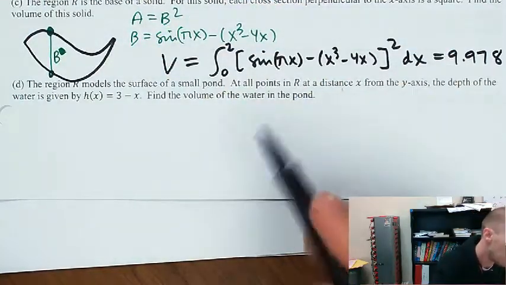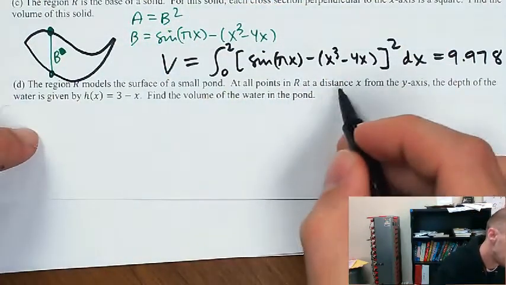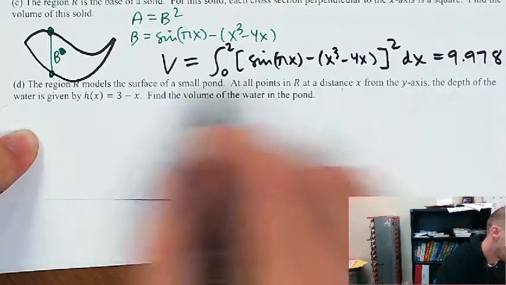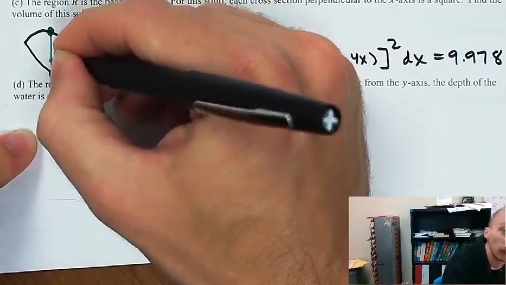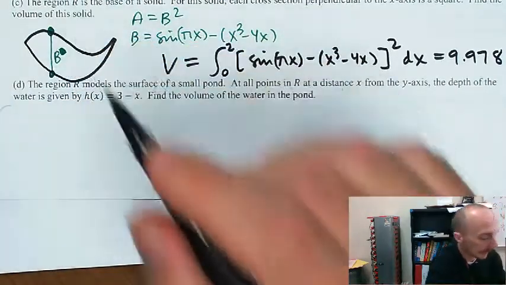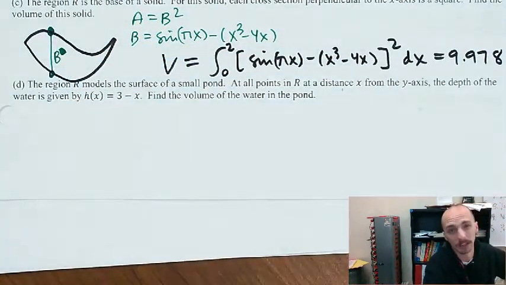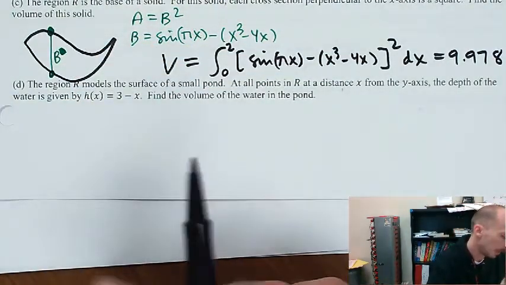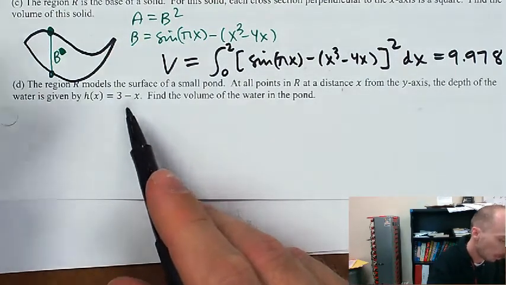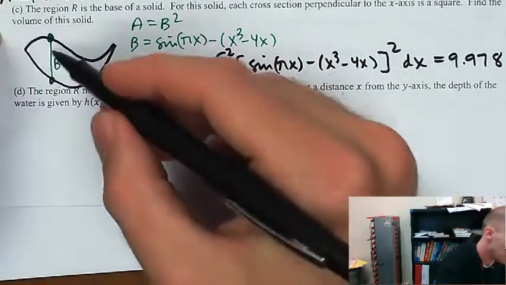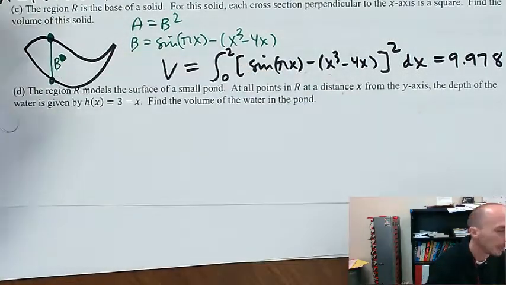The depth is always going to be the same, because it says at all points at distance x from the y-axis, the depth is 3 minus x. So say along this line here, it's a constant depth, meaning cross-sections are going to be rectangles. The height of the rectangle is going to be 3 minus x, and the width of the rectangle is going to be this distance right here.